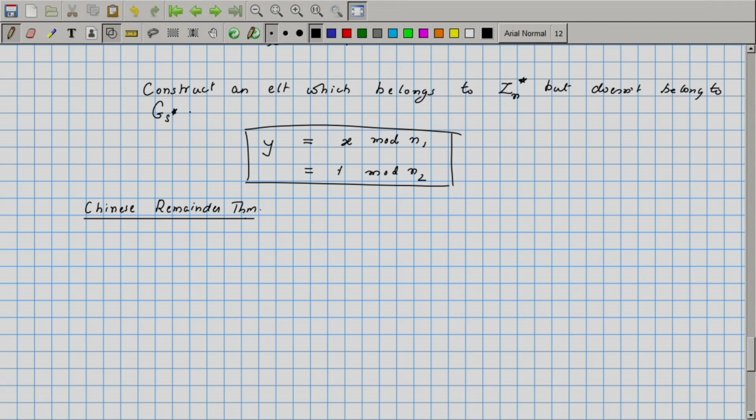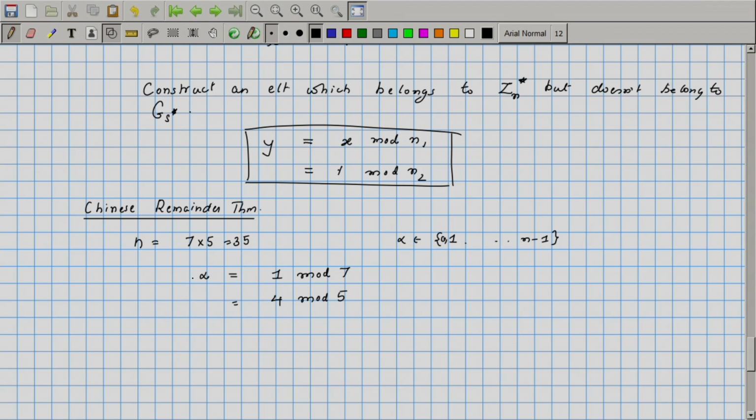Let us take n equal to 7 into 5, that is 35, and somebody asks me to find an alpha such that alpha is equal to 1 mod 7 and 4 mod 5, and this alpha must belong to 1 to n minus 1, or 0 to n minus 1.